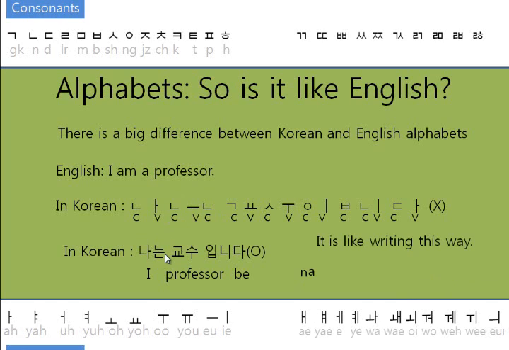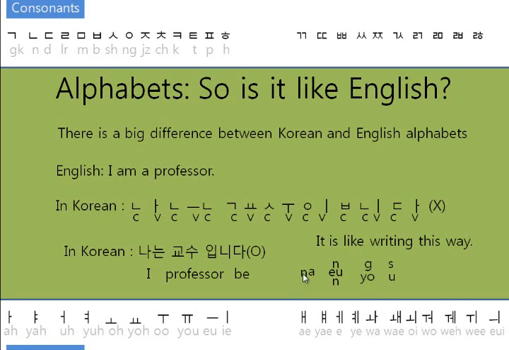N sound, A sound, one character. N sound, U sound, N sound, second character. And G sound, 교수, yo sound, third character. S sound, U sound.